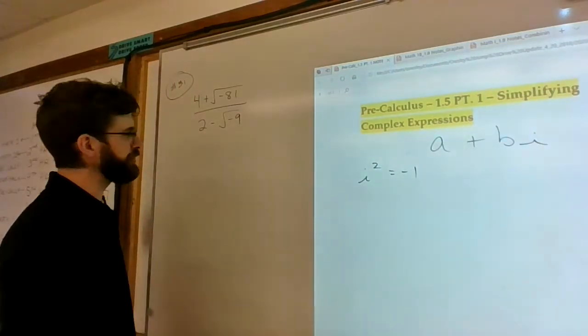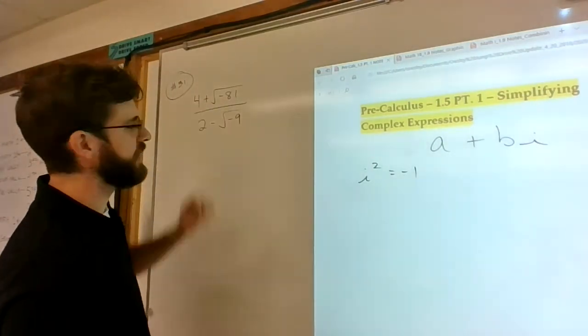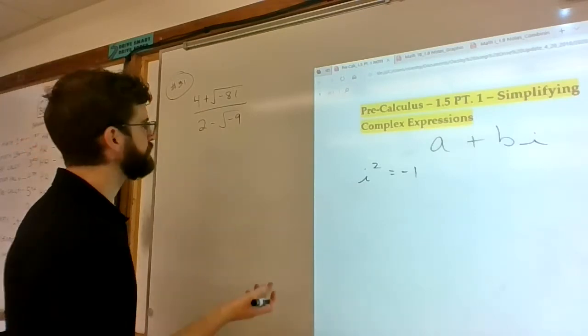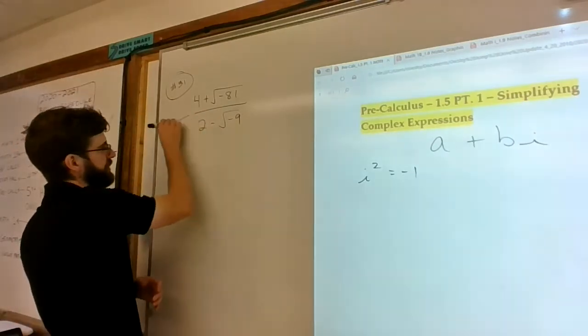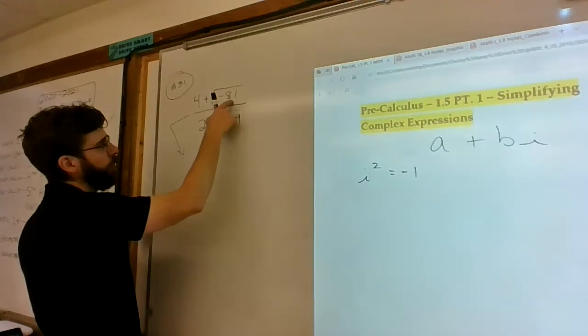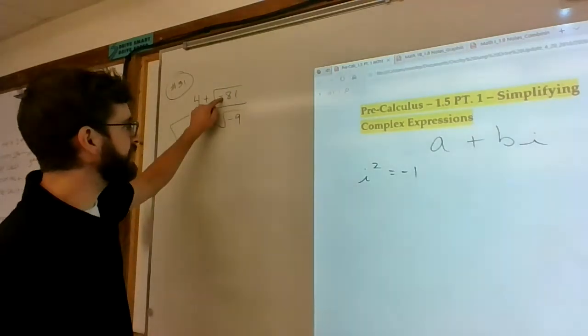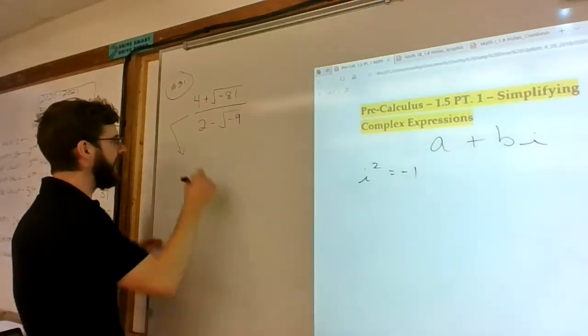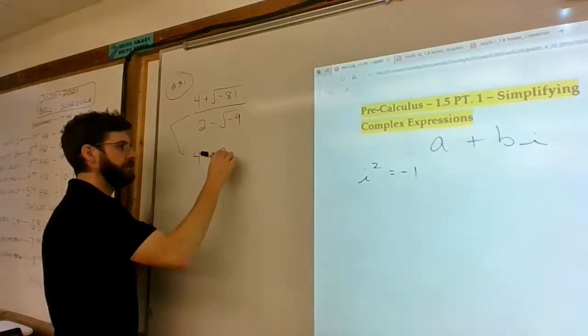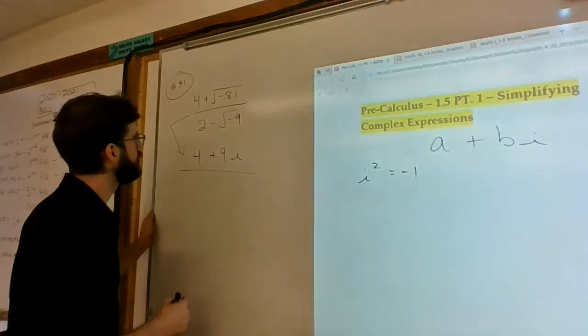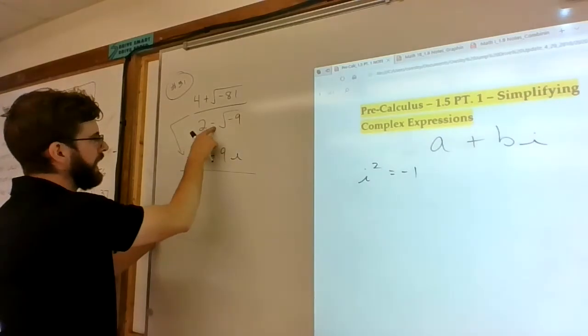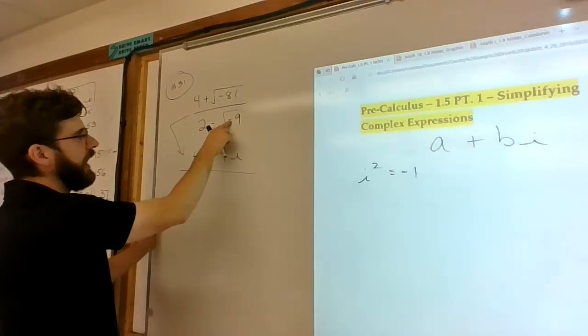All right, so the first thing you should do is change these radicals into some kind of i term, some type of complex expression. So the square root of 81 is 9. The negative root requires an i to replace it. So this will be 2 minus 3i.